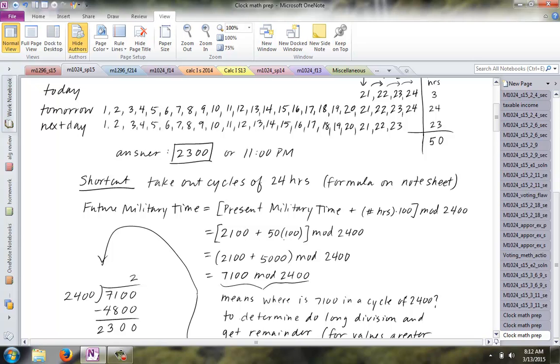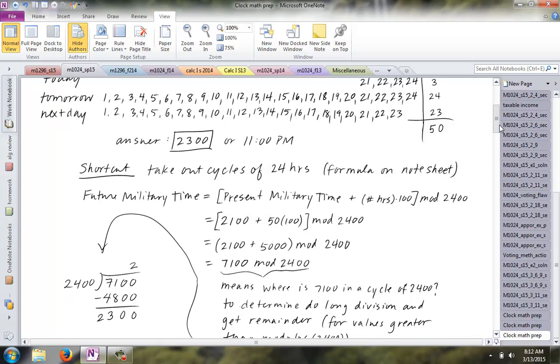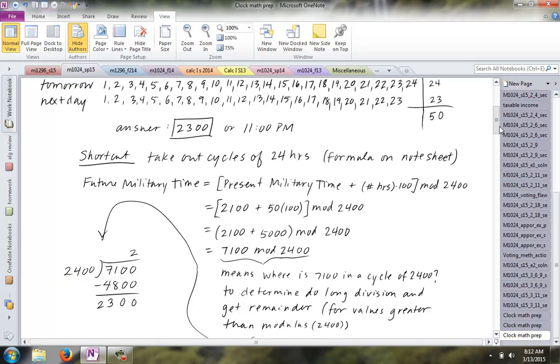So we do some division here when, after doing this calculation out front, that's in the parentheses, we get 7100. If that number is greater than the mod part, the 2400, then that's like, hey, there's some cycles of 2400 in here that I want to take out, and I just want to know what the remainder is. Like, where are we in that day? You can think of that mod part as meaning taking out the cycles of that length.